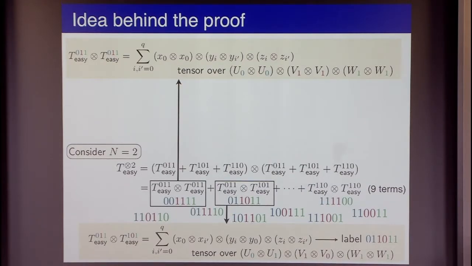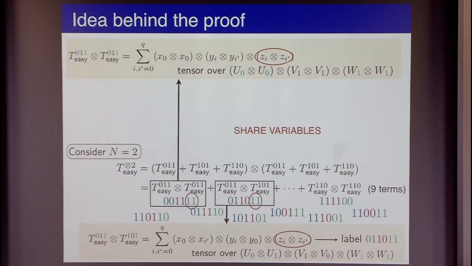Let's consider the first two here. The label is 0, 1, 1, 0, 1, 1, as I explained. Here the label is 0, 0, 1, 1, 1, 2. And I said we want to extract terms that do not share variables from this sum of 9 terms. You see that these two terms share a variable. You have the same z_i tensor z_i'.